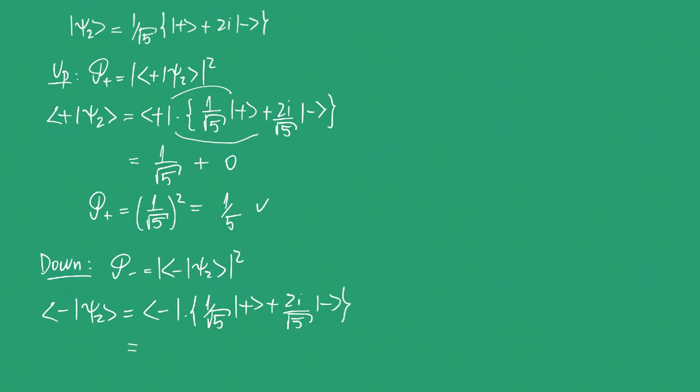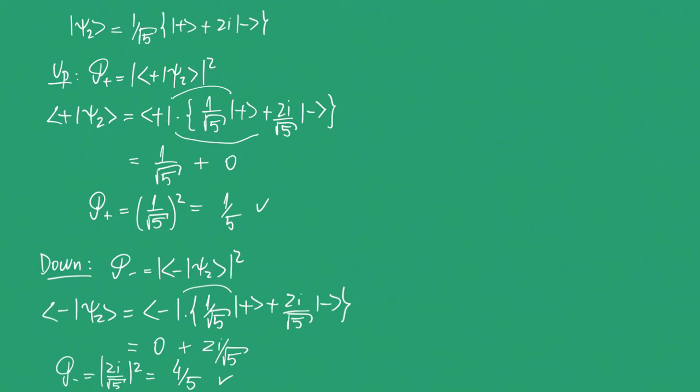So here we have the opposite. If we multiply here, the first term gives us 0, the second term gives us 2i over square root of 5. Then the probability of finding spin down is given by the modulus squared of this value, which is 4 over 5. That's the probability of finding spin down if a measurement is made on the quantum state ket psi 2.